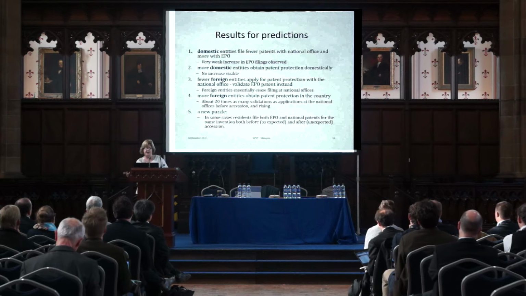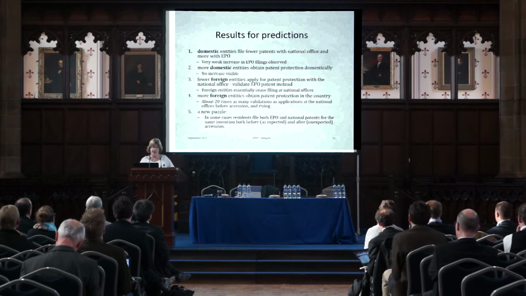Fewer foreign entities essentially cease filing at the national offices, and it says 20 times here. What happens with the foreign entities validating is there are about 20 times as many validations in the country as there were applications in the national offices before accession.